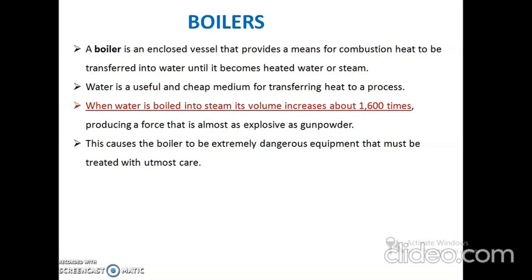But the precaution you have to consider while dealing with the boiler is that when water is converted into steam, its volume increases by 1600 times. So it's almost like explosive gunpowder, because you are packing that much steam in an enclosed vessel. So you have to handle that steam with care.